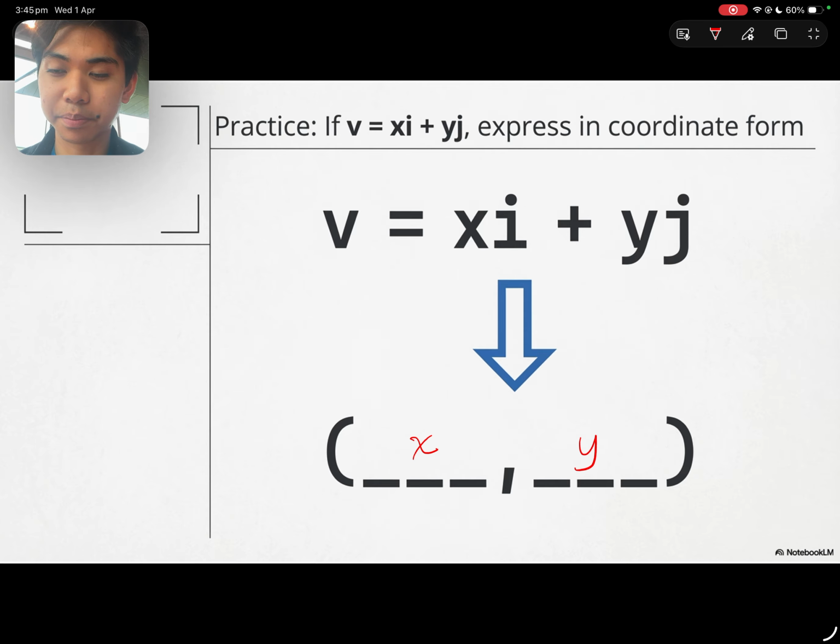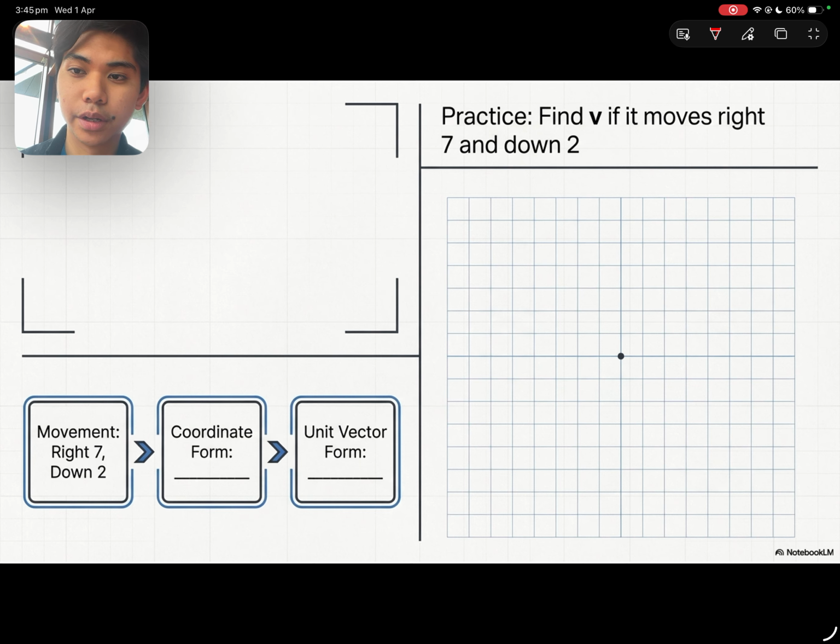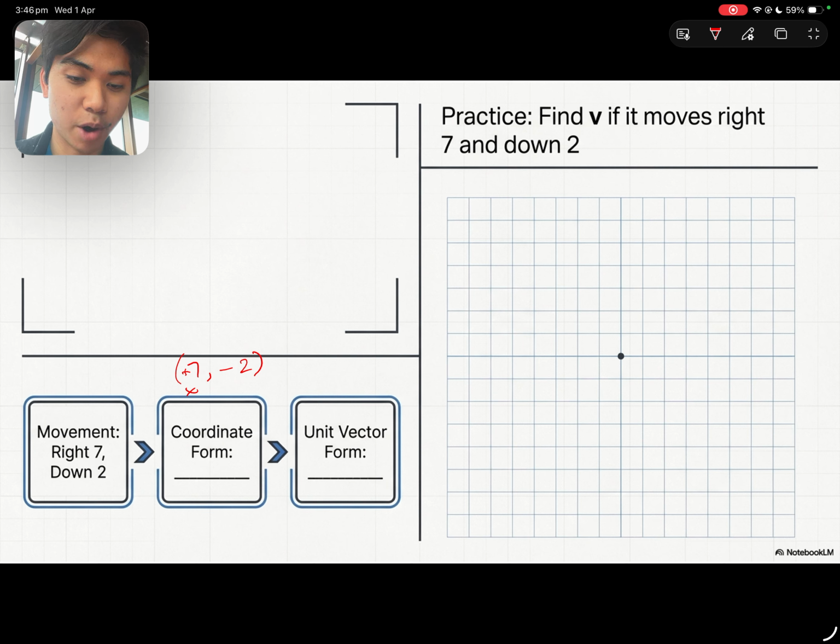Cool. So let's find vector v if it moves right 7 and down 2. Right 7 is going to be a positive x, and then down 2 is going to be a -2, because down is negative in my y direction, or my y-axis. So my coordinate form is going to be 7, -2, and my unit vector form, converting between those, is 7i minus 2j.